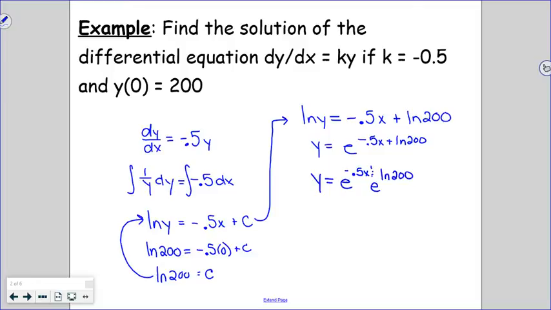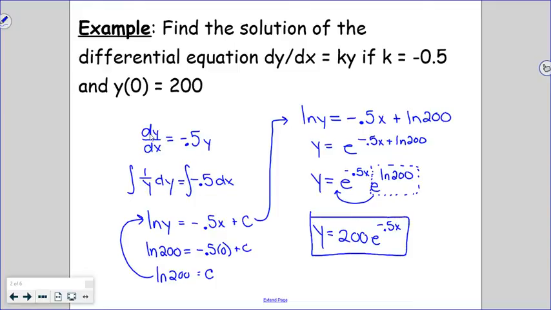That if the base of the exponent and the base of the logarithm are the same, we get that other number in the problem, right? So e raised to the natural log of 200 simplifies to 200, which became then our constant multiplier in front. And we get a solution of y equals 200 e to the negative 0.5x.